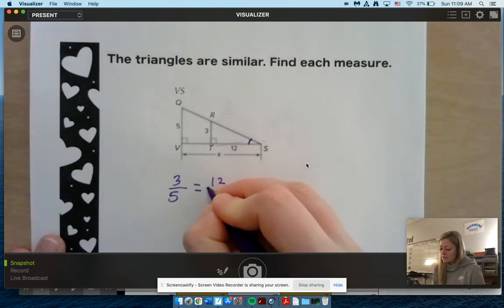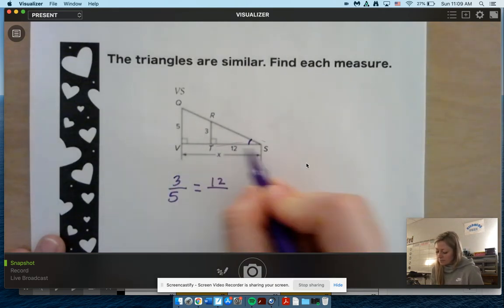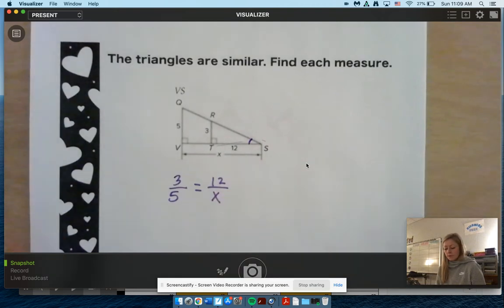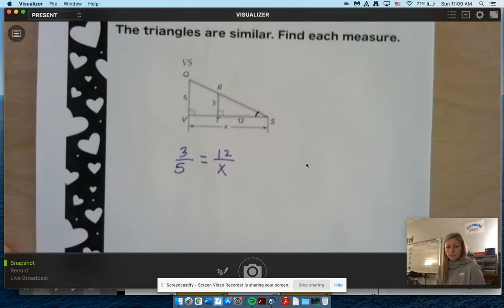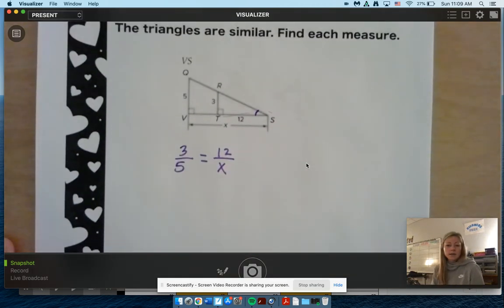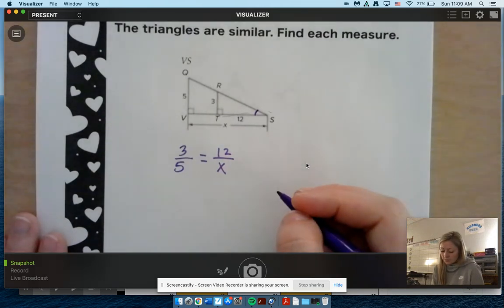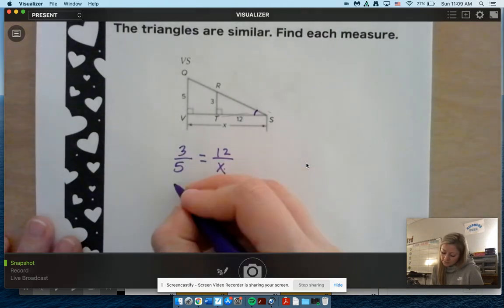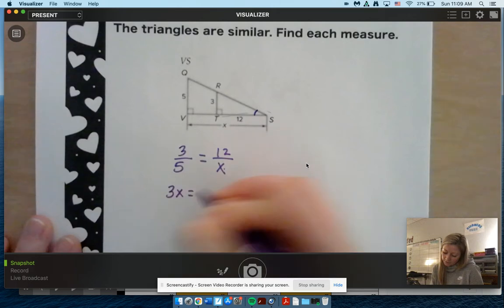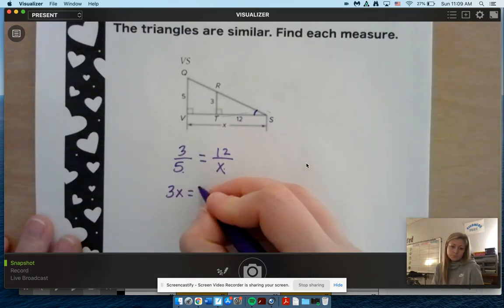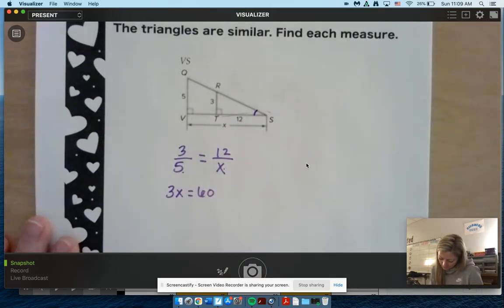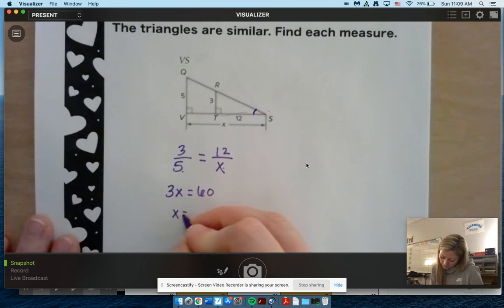And that matches VS, that whole big side. And now again, we just cross multiply and solve for x. So I'm going to take 3 times x and get 3x. 5 times 12, 60. Divide out, x should be 20.